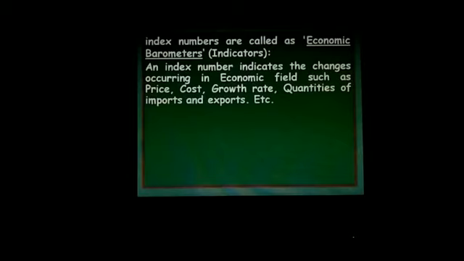So mainly we will deal with price, quantity and expenditure.